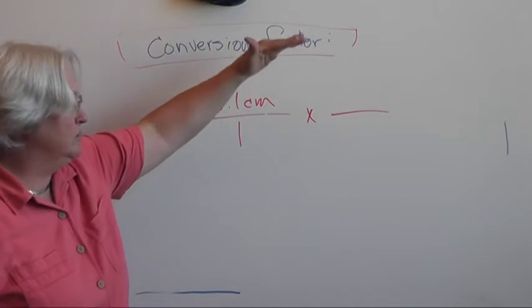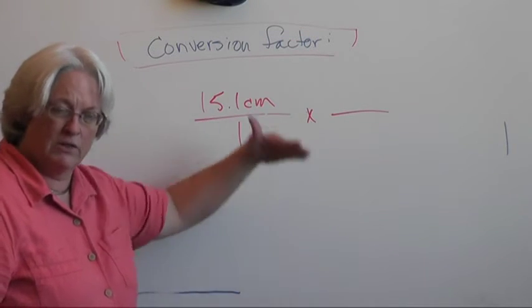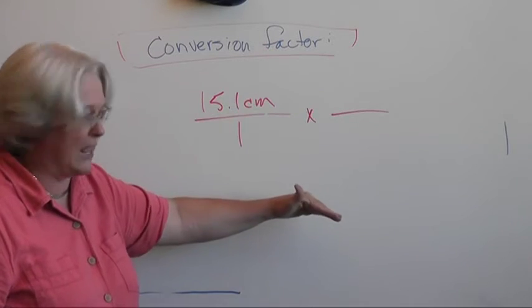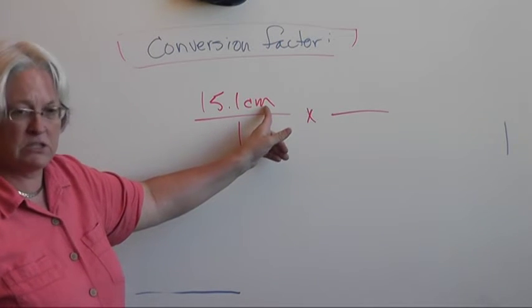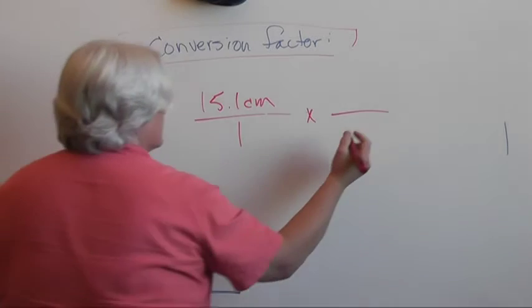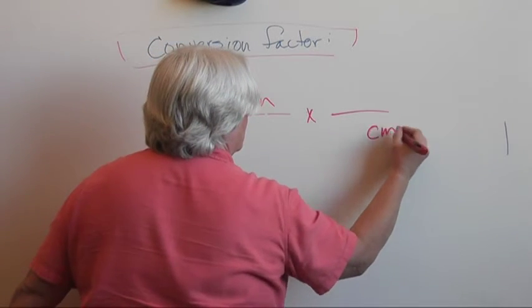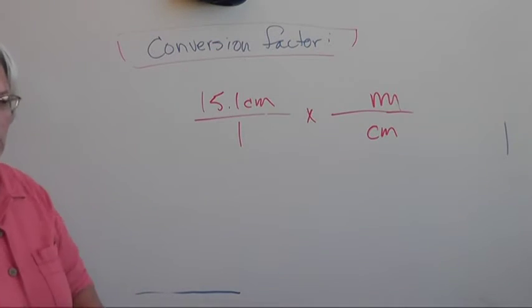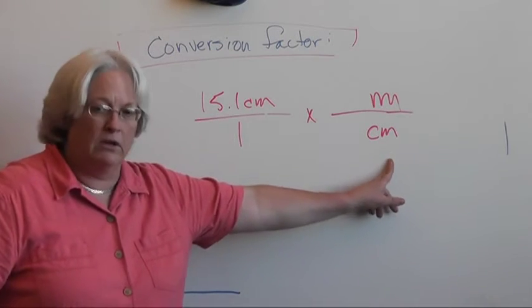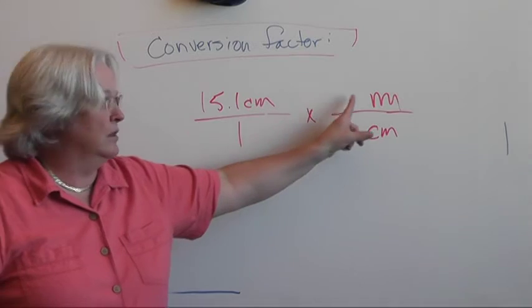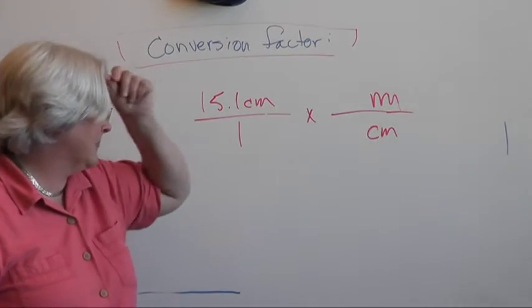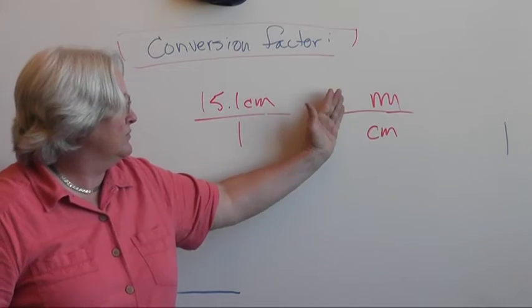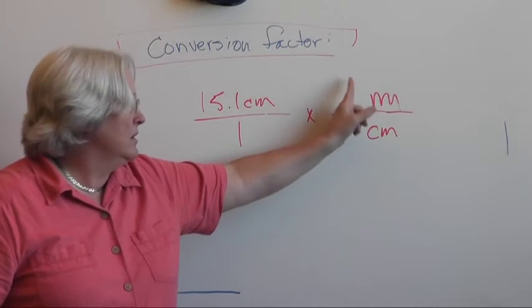And since numerators and denominators that are the same cancel out, if we want to get rid of the centimeters, the centimeters has to be in the denominator, and the meters has to be in the numerator. The unit that you're getting rid of cancels out. The unit that you're keeping is in the numerator. So now you've got the units that are related.